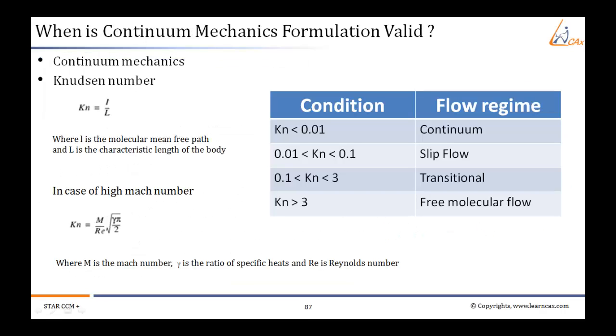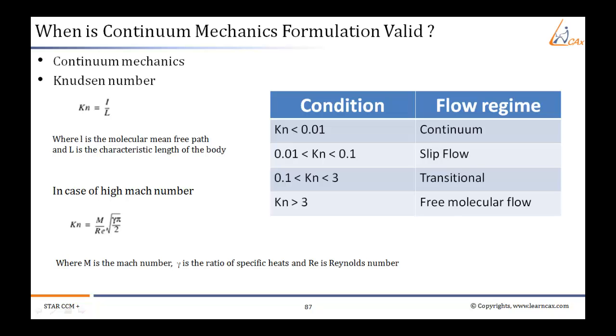We said that for CFD, the continuum mechanics formulation should be valid. So how to know whether the continuum mechanics formulation is valid or not? The Knudsen number Kn determines whether the continuum mechanics formulation of fluid dynamics is valid. The Knudsen number is defined as the ratio of molecular mean free path to the characteristic length of the body.